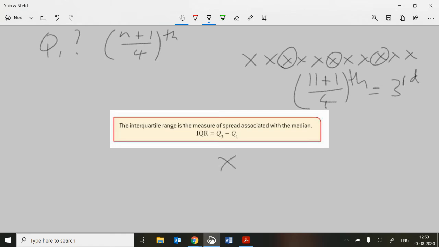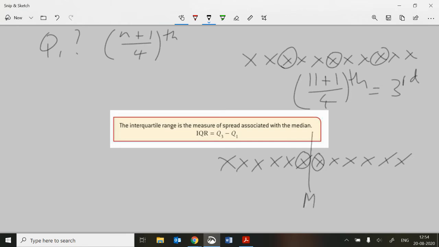But what happens when you have 12 pieces of data? So you've got 6 and 6. Well, the median we already know is n divided by 2 and n divided by 2 plus 1 to get the measurements which we require. So they're the values we're going to choose, and the median is already somewhere in here.